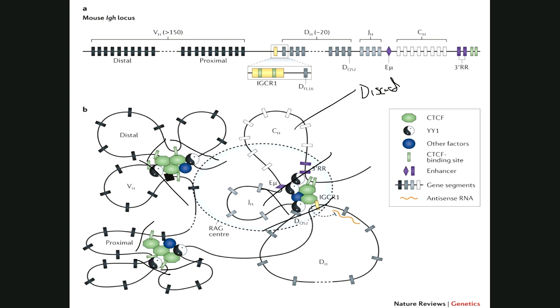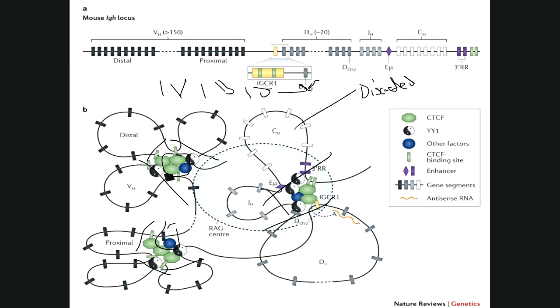Usually when we think about DNA, we don't think about getting rid of it, but we do. We discard it. And what we're going to wind up with is one V, one D, and one J. And so that one V, one D, one J is what's going to code for the shape.